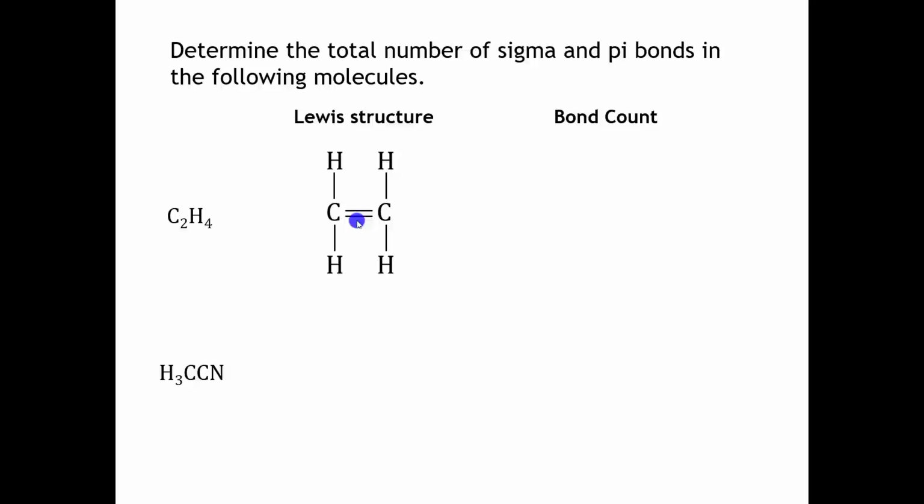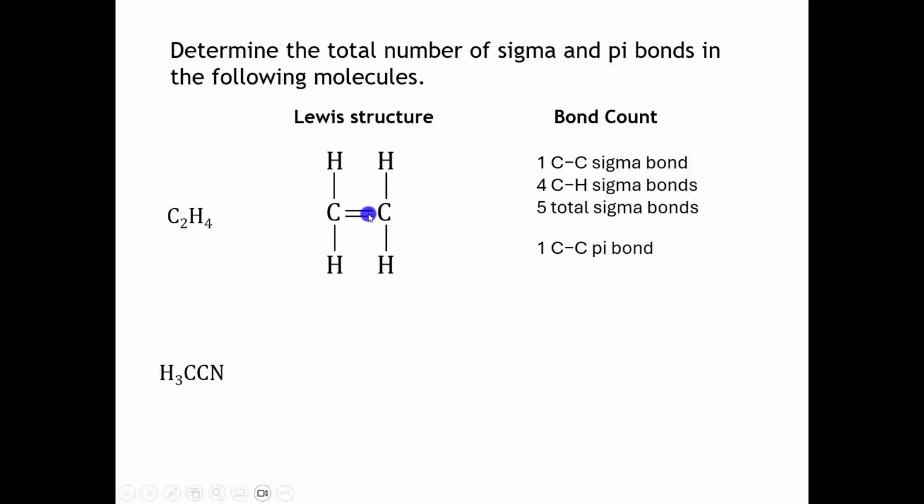Now, if we count up the bonds, we can see that we have 1 sigma bond between carbons. Anytime you have 2 atoms bonded together, there will always be 1 sigma bond. Then we have 1, 2, 3, 4 carbon-hydrogen sigma bonds. So in total, we have 5 sigma bonds. And then we have this multiple bond here, this double bond. So there's 1 carbon-carbon pi bond. So 5 sigma bonds, 1 pi bond.